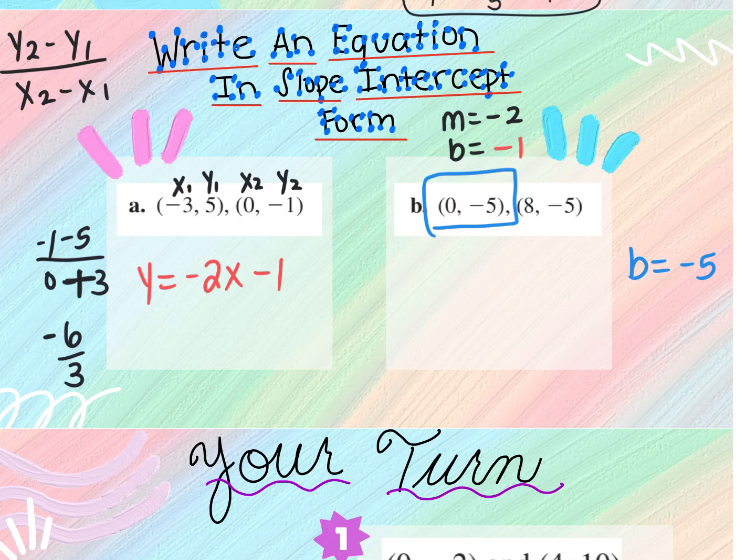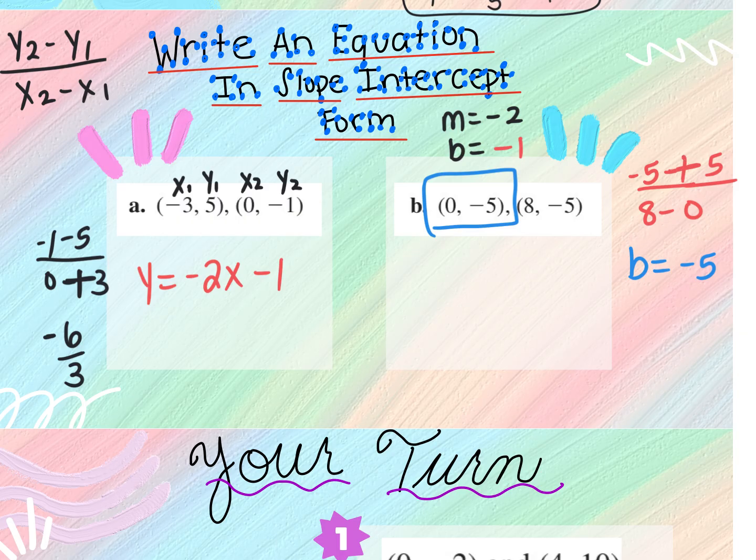All right, what's the y2 value here? -5. Minus, what's the y1 value? Right? So y2 minus y1. x2 is 8 minus x1, which is 0, right?